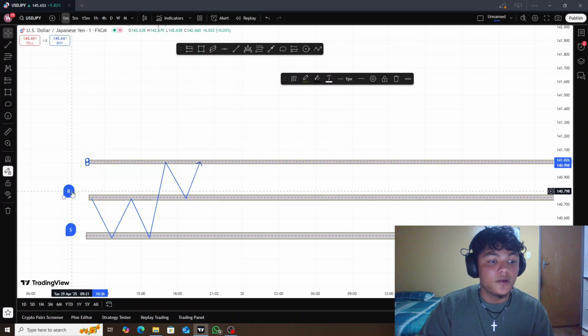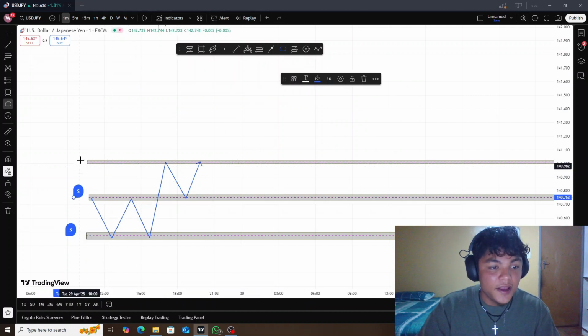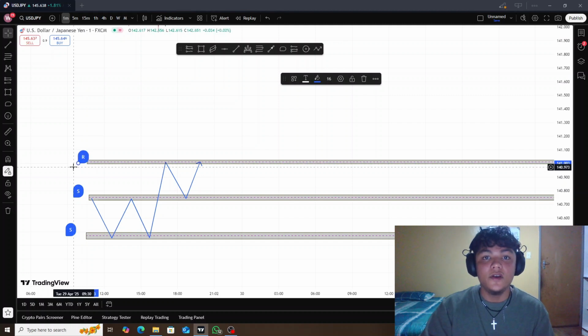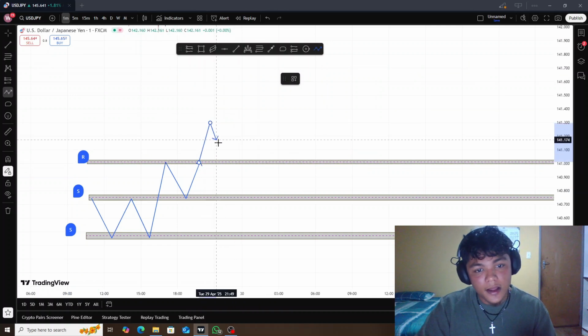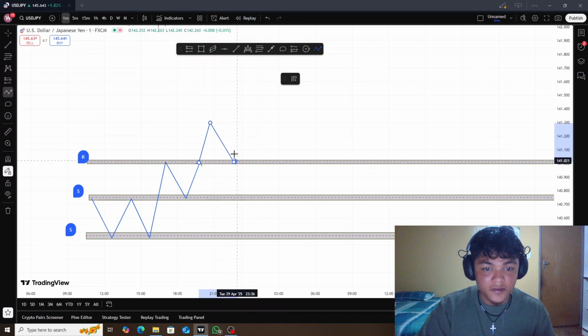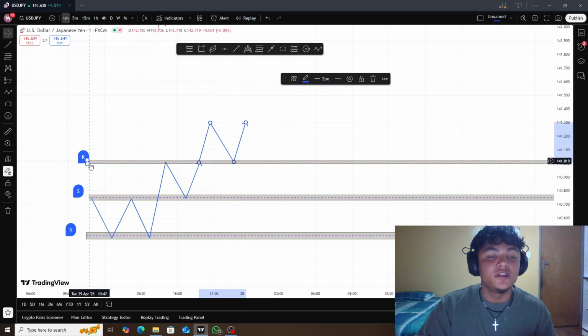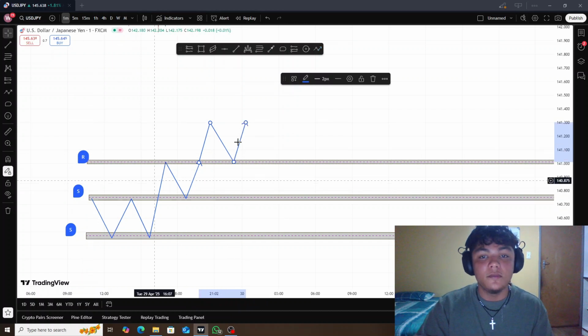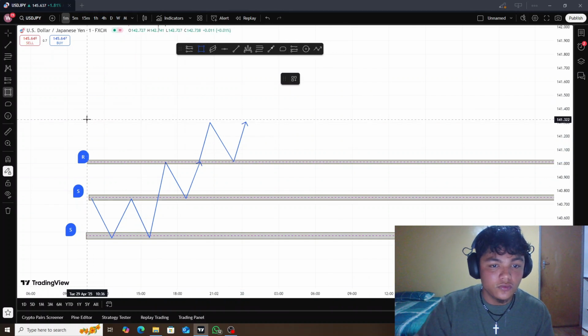This would be the support, and this would be the new resistance. And now if the market breaks through the new resistance as well, comes down to retest it, and shoots up again, it's not the resistance anymore, this would become support because we are working with two new zones.